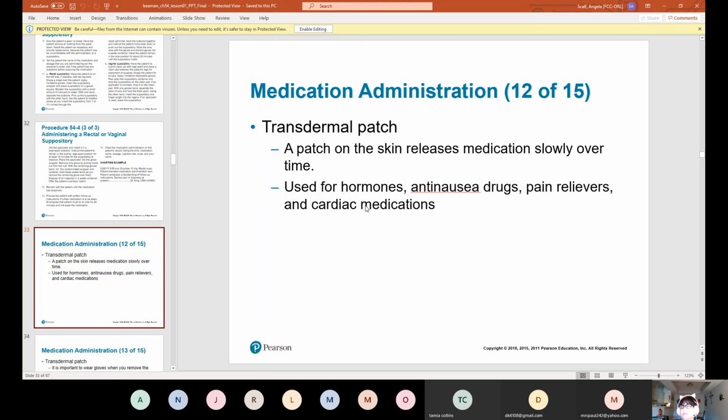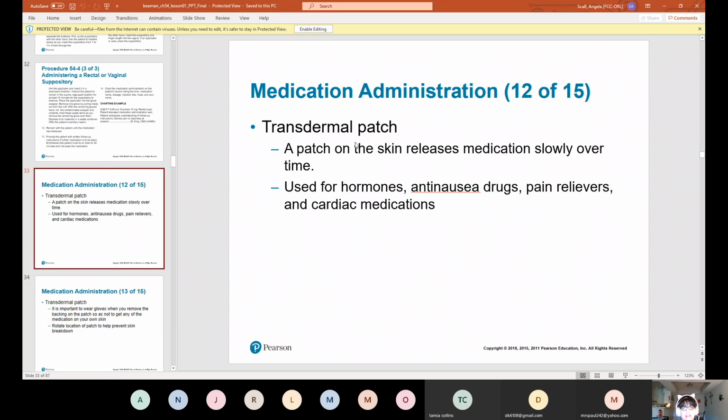Nowadays, there are patches for smoking to help ease the withdrawals of smoking. So transdermal patches are a safe and effective way to deliver medication over a slow amount of time, because the patch is designed not to just release all of it. It's a slow dissolving process.